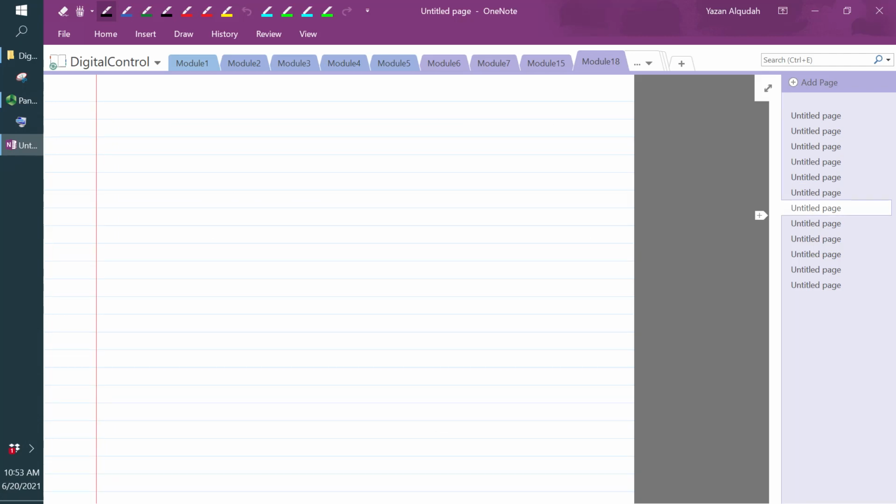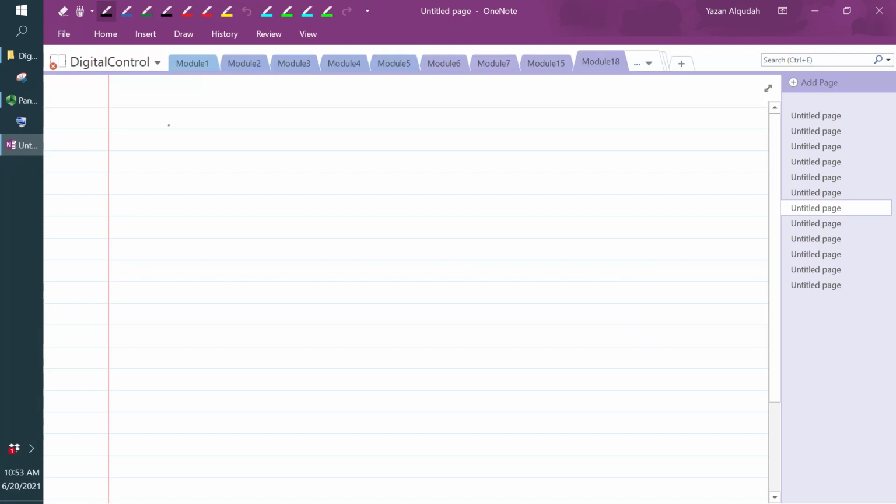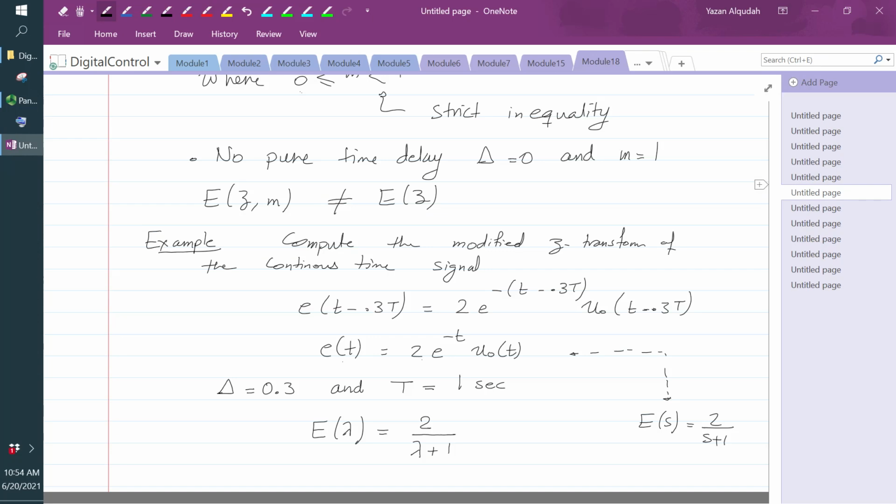Okay, so in this case, we have a single pole. So let's continue here. We have a single pole at lambda 1 equal to negative 1, and the residue C1 is equal to 2. So this is the pole, this is the residue.